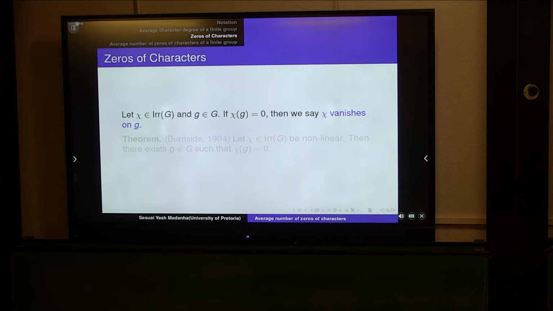But Burnside in 1904 proved that if the character is nonlinear, then there's always going to be a zero of that character.